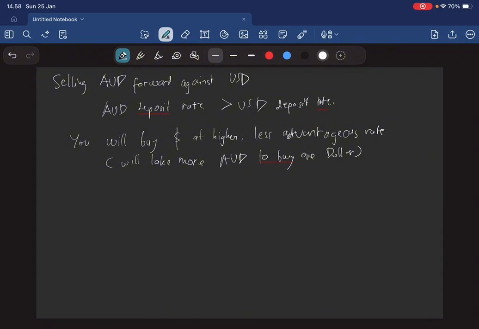Let's say the points are 48. We have 0.5575 minus 0.0048, 0.5527 dollars.